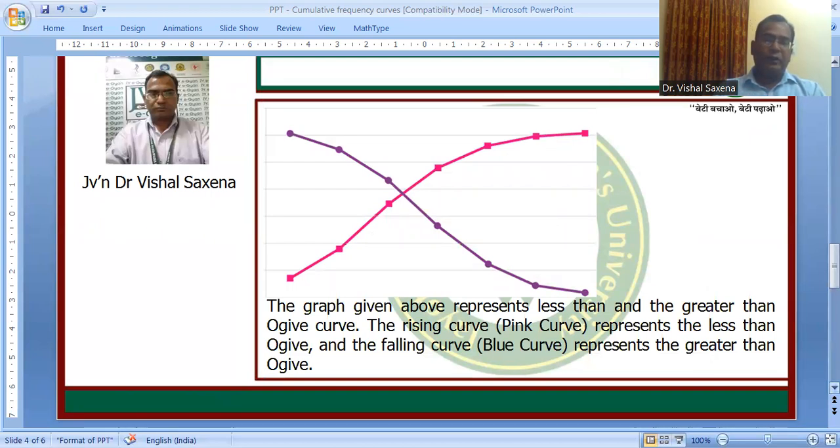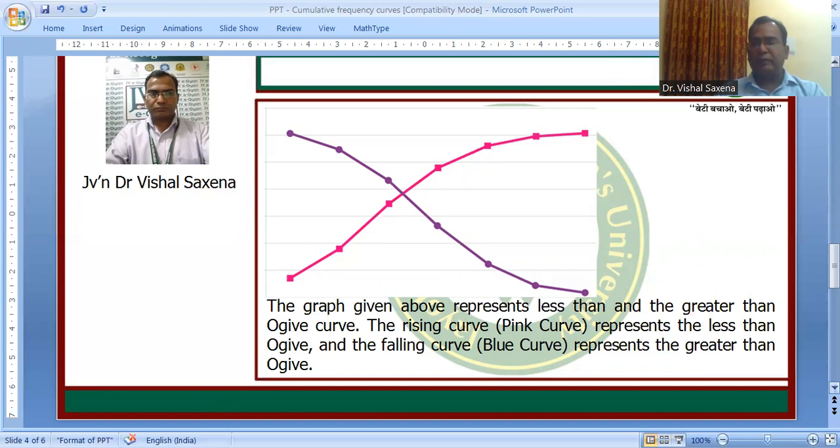The cumulative frequency curves for the more than and for the less than can be drawn and are very useful. These are also known as ogive curves: the less than ogive curve and the more than ogive curve. The graph given above represents the less than and the greater than ogive curves.